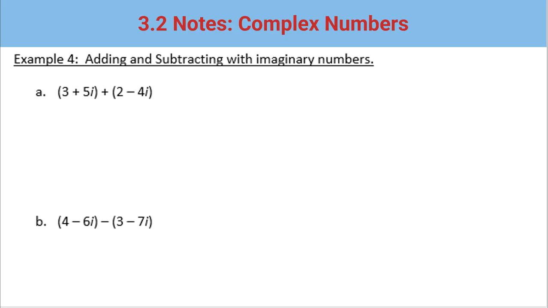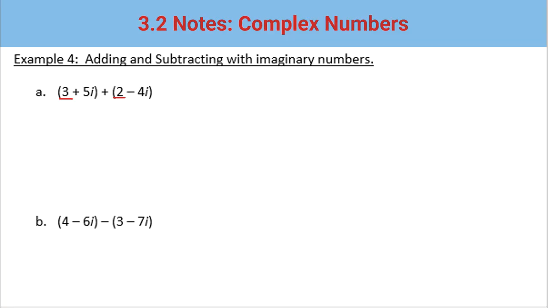Adding and subtracting with imaginary numbers is going to go just like any other adding and subtracting. If we think of this imaginary kind of like a variable, it's not a variable, it is an imaginary number, right? But I'm going to do a combining of like terms. I have 3 plus 5i in parentheses plus 2 minus 4i in parentheses.